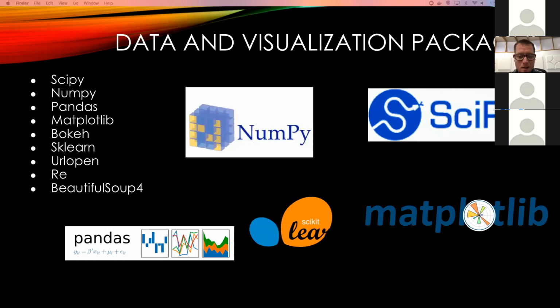It also provides an object-oriented API, application programming interface, for embedding plots into applications using general-purpose GUI, graphical user interface, toolkits like Tkinter, Qt, and GTK. It also allows you to plot within Jupyter Notebook. Bokeh is another visualization library that targets web browsers and presentations. Its approach to plotting is different from that of Matplotlib.